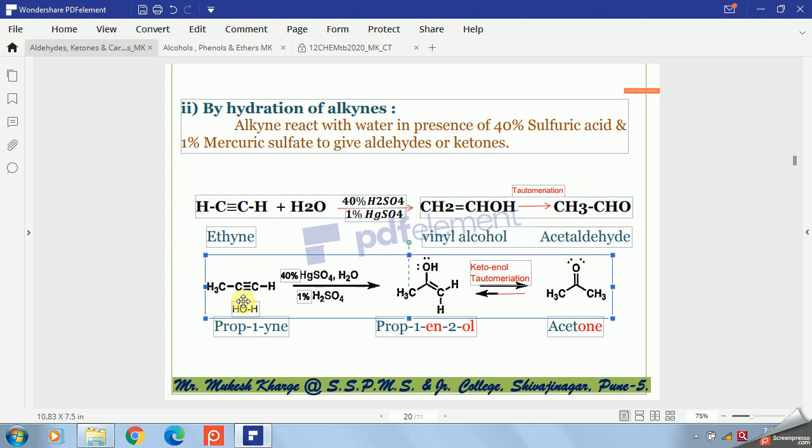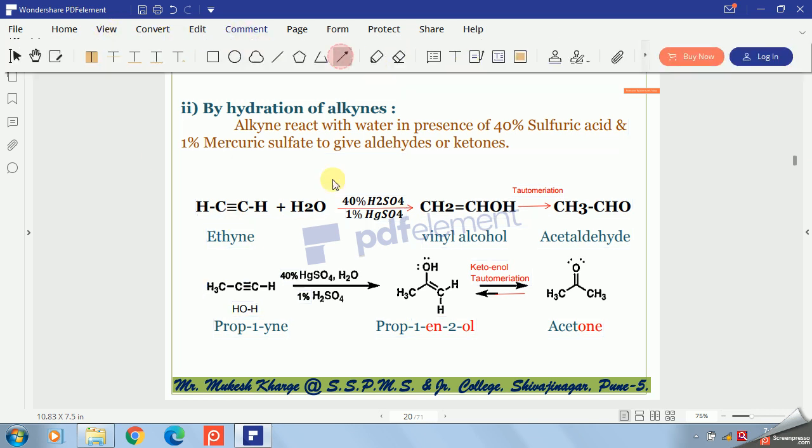I'll write OH, H, and remember that oxygen is more electronegative than hydrogen, so OH is the negative part, hydrogen is the positive part. So this addition takes place according to Markovnikov's rule. The negative part OH gets added to that carbon of the triple bond which contains fewer hydrogens. So the reaction takes place according to Markovnikov's rule.